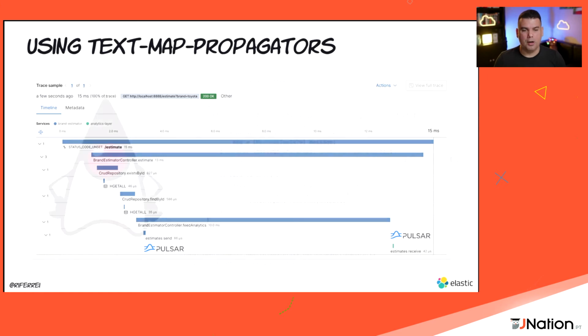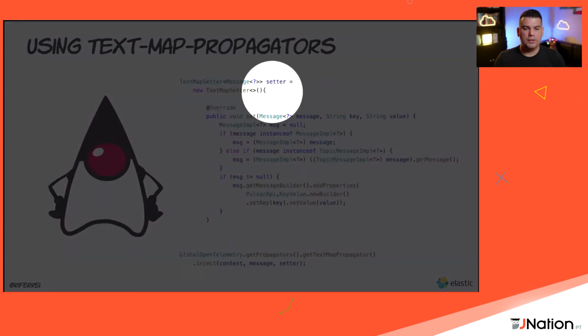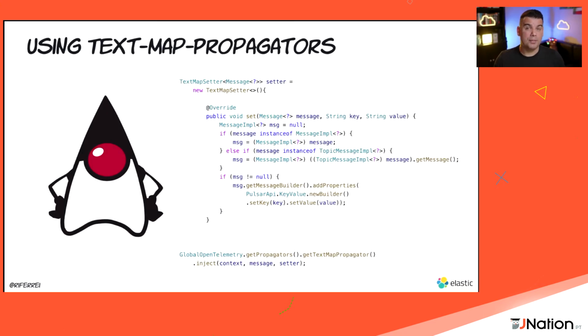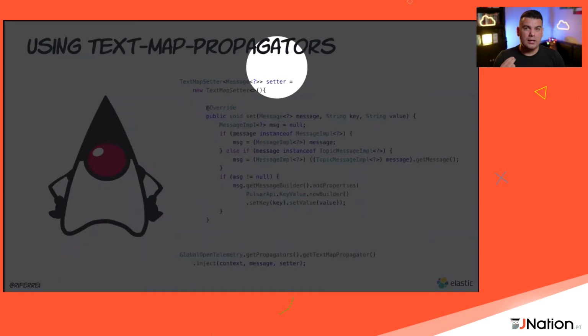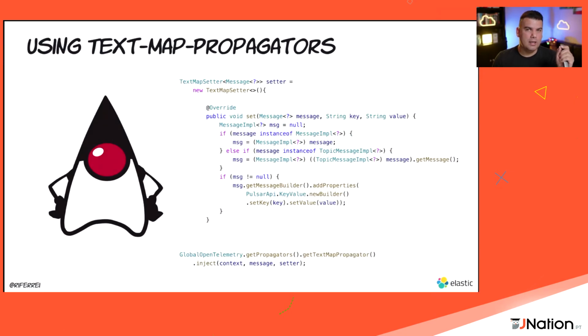So in the Java part, you can come up with what we call a setter, right? This is an abstract class where you have to provide an implementation of a callback method called set. The set method is going to teach OpenTelemetry how to include the context that has been created in one layer into what we call a carrier.